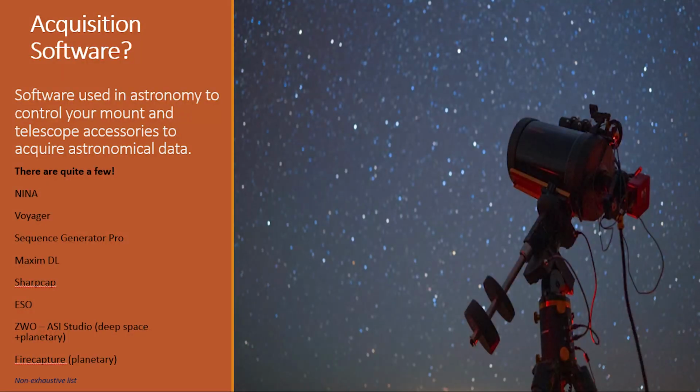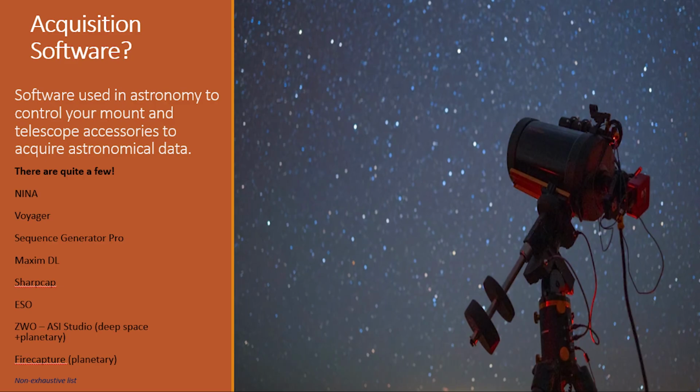There are a few out there. So Nina, I think, is probably one of the more common ones these days, and that's talked about a lot via several amateur astronomers. And then you have a number of very well established software programs that were created many years ago and are still used today. So Voyager being one of them, Sequence Generator Pro.